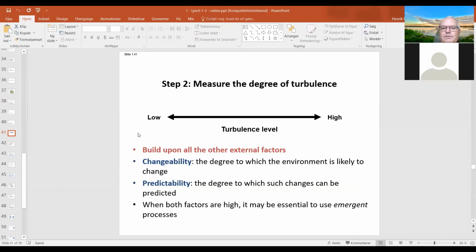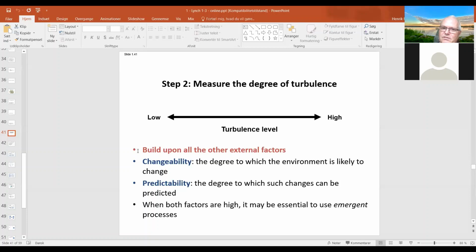Degree of turbulence. It has to do with the market that we are operating in. And turbulence is building upon changeability and predictability. Also, it is important for you to understand that it builds upon all the other external factors.